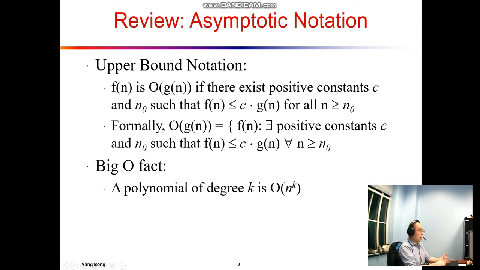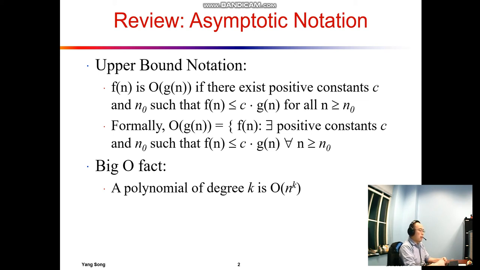How do we figure out the big O? We want a constant c and a constant n0, and our goal is that f(n) is smaller than or equal to c multiplied by g(n) for all positive values when n is greater than n0.